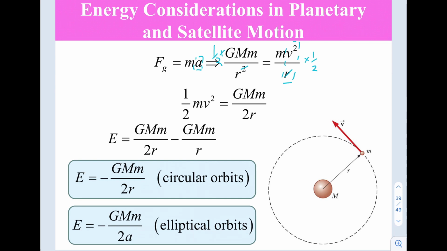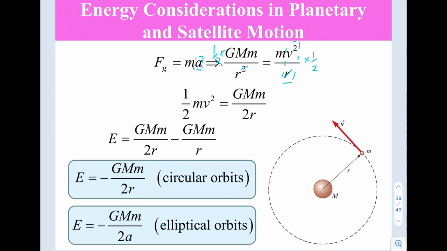Okay, so energy now can be rewritten in terms of E equivalent to G mass of the planet, mass of the object over 2R, minus G mass of the planet, mass of the object over R. Okay, here it can be simplified.